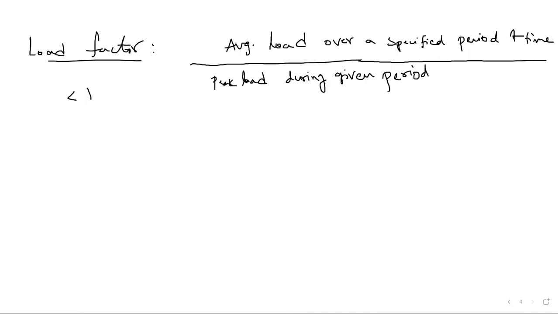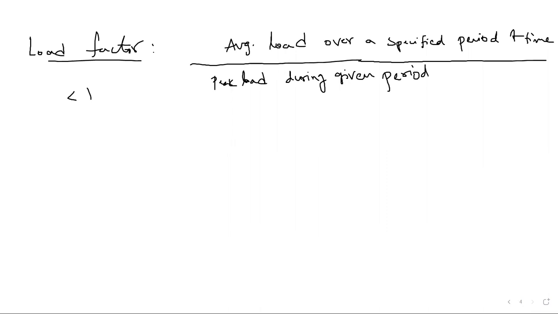Right, the average load. If you take an example for our home, for our domestic purpose, there is one maximum or peak load that will occur in a particular period of time. During that period, a washing machine or a refrigerator, something will be continuously on, but at a particular point it will achieve the peak load, right?